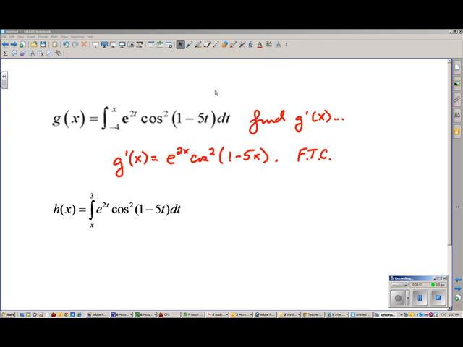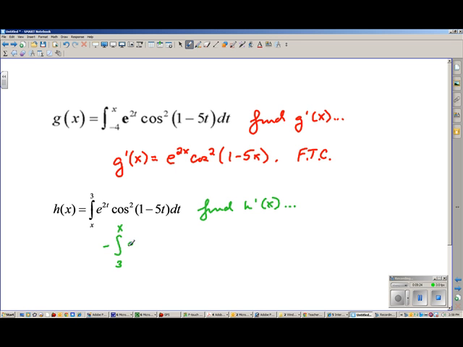So this particular time, let's say that we were asked to find h prime x. Well, it would require just a little manipulation on our part, or a recognition that going from x to 3 is the opposite of going from 3 to x.